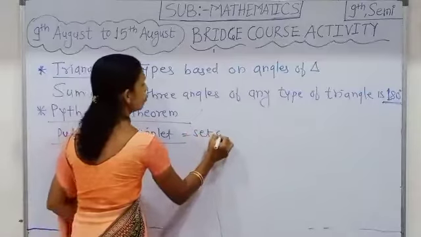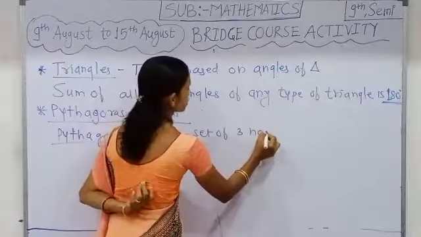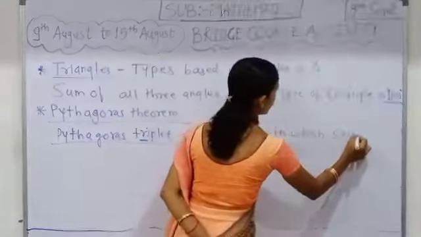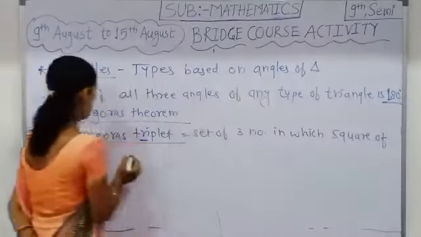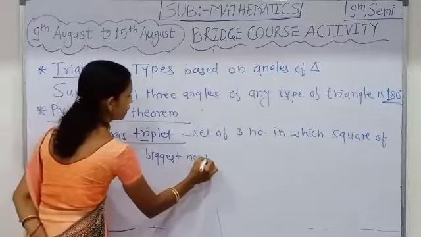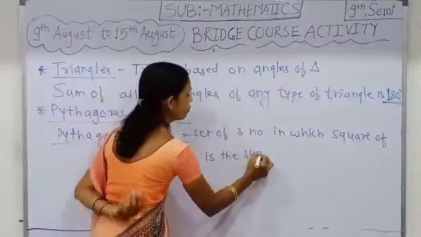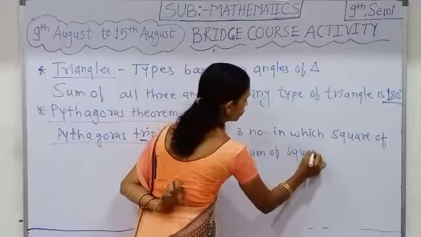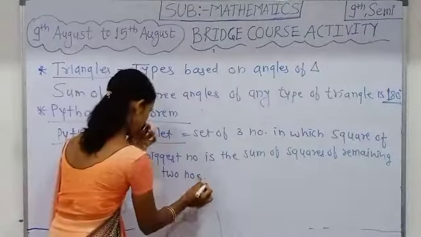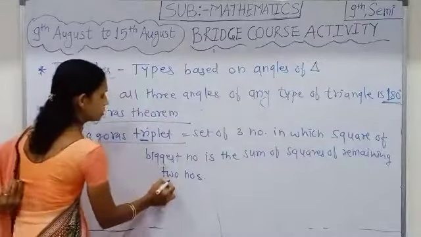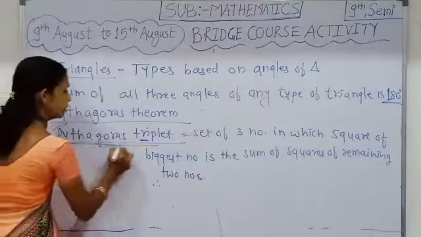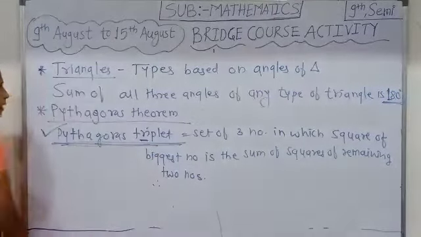It is a set of 3 numbers in which the square of the biggest number is the sum of the squares of the remaining 2 numbers. Then those sets of 3 numbers are known as Pythagorean triplet or Pythagoras triplet.